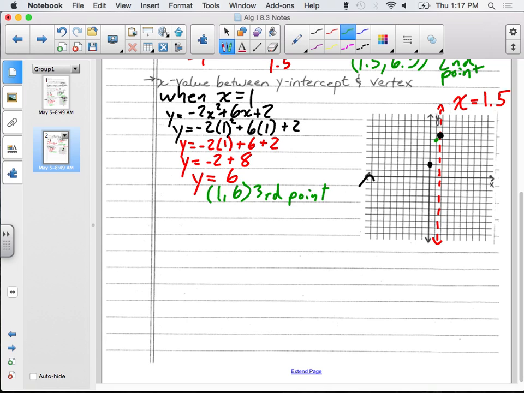All right, so we found our 3 points: our y-intercept, our vertex, and 1 more point. Last thing to do, now we use our axis of symmetry to reflect everything that we already have onto the other side.